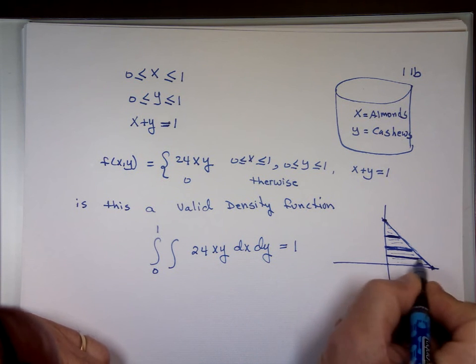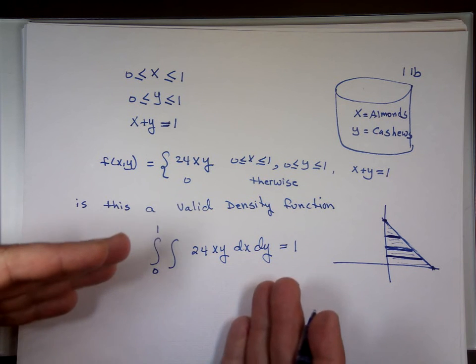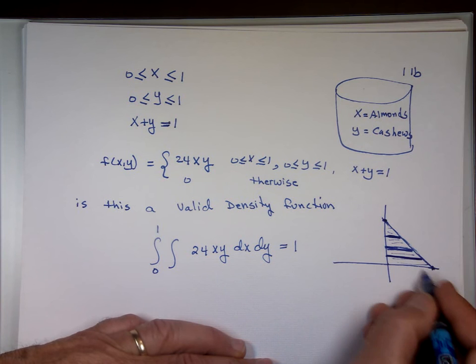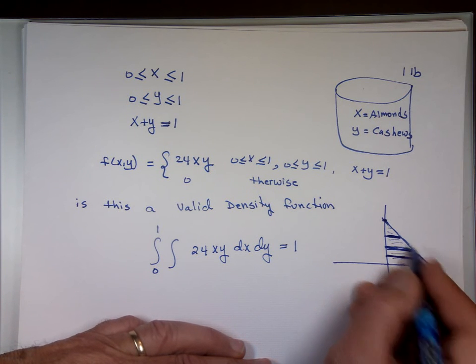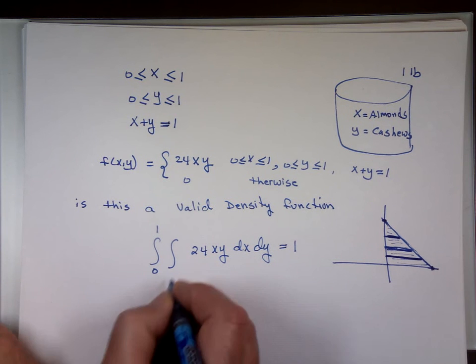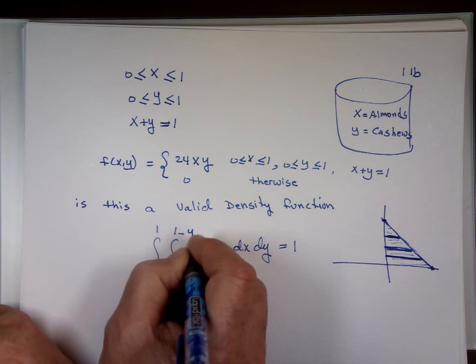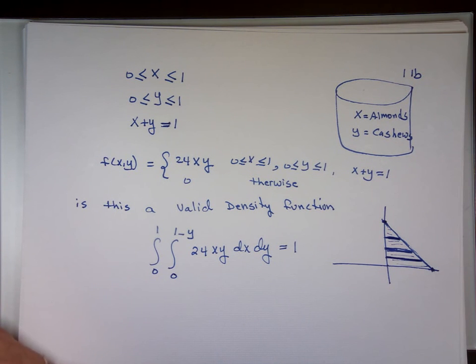If you decide to put y on the inside, x on the outside, then you go vertical line. It's going to this, it's going to this, it's going to that. So the x value is going from 0 to 1 minus y. Because if you solve for that, x equals 1 minus y. You're not going to 1.